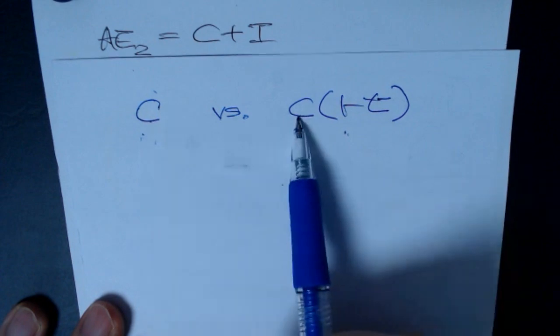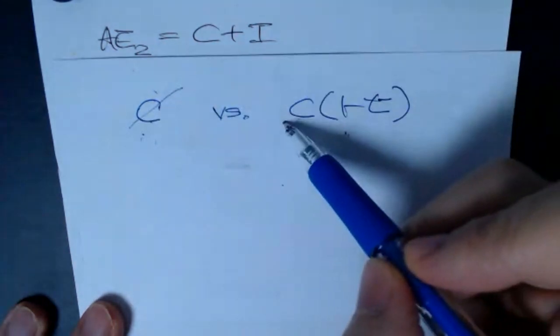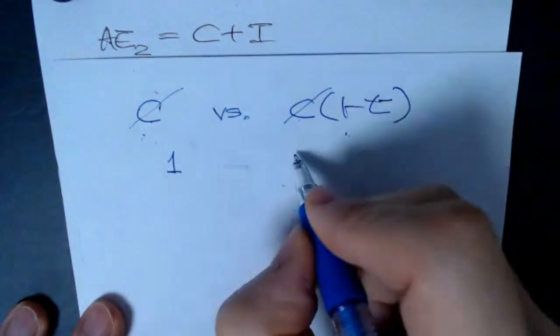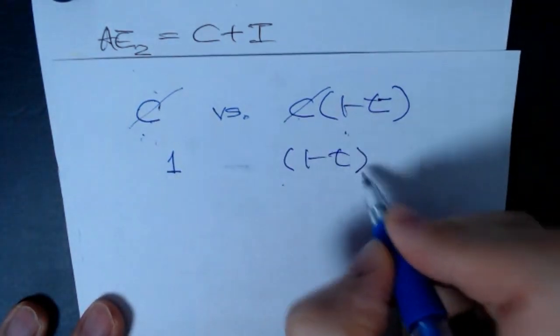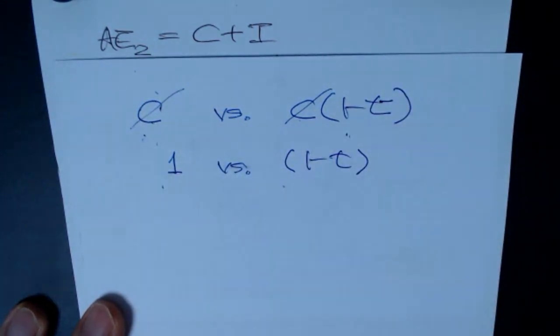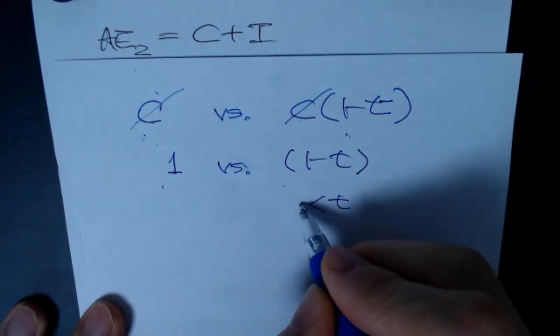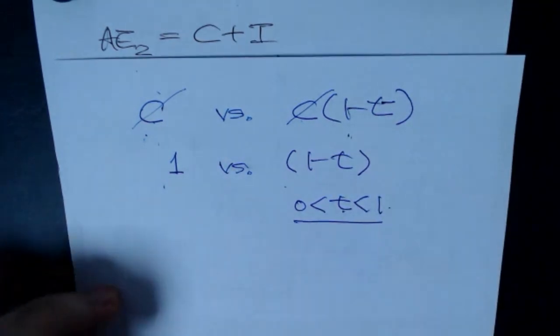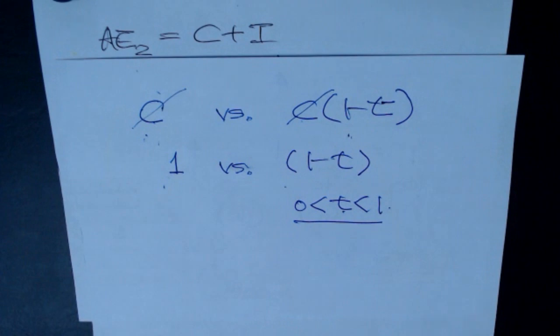We have the same C. You can delete it. Now the question is, you compare: which one is bigger? 1 or 1 minus t? Right? The tax rate, you can easily guess, should change between 0 and 1. A tax rate of 1 means that the government will take your entire revenue as tax, right?